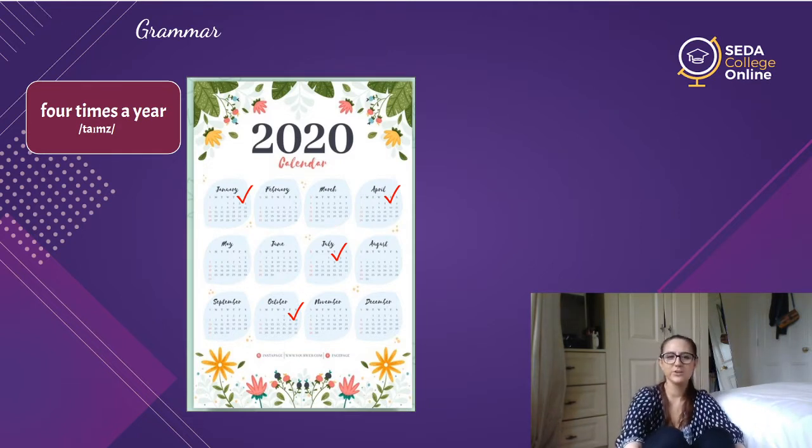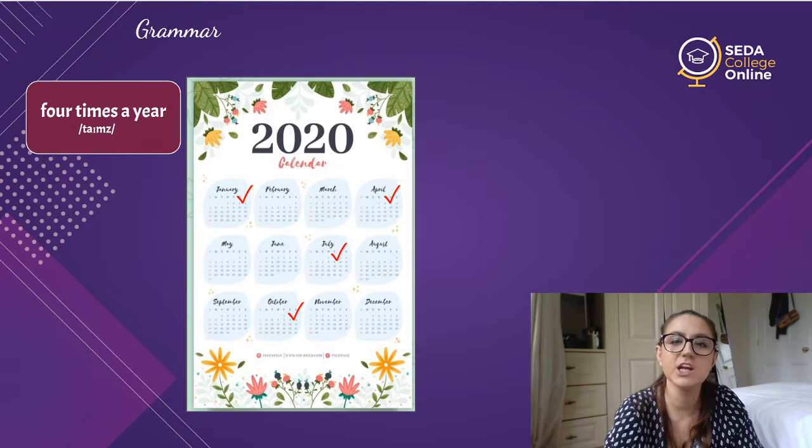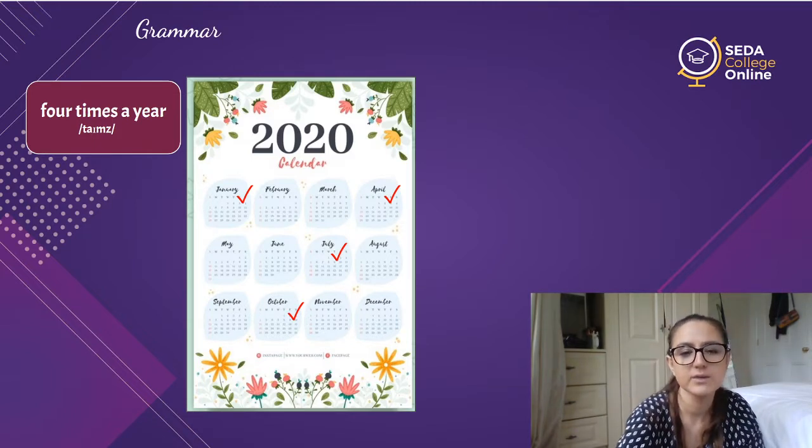Who has the time though? So times a year. Four times, three times, twice, once a year. For example, once a year I take the flu shot. Once a year I travel. Once a year I have my holidays. Twice a year I take my holidays, for example.